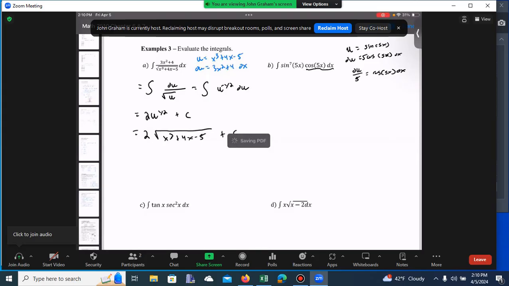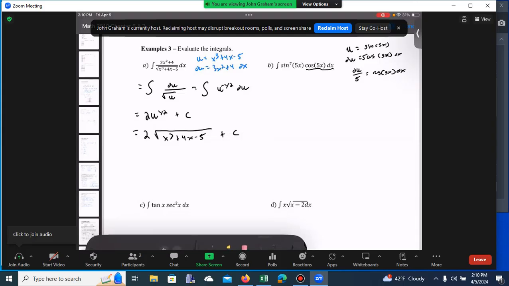And so now we can substitute in what we have for u and what we have for du over 5. We'll get u to the 7th du over 5. We take the antiderivative, we get u to the 8th over 40 plus c.